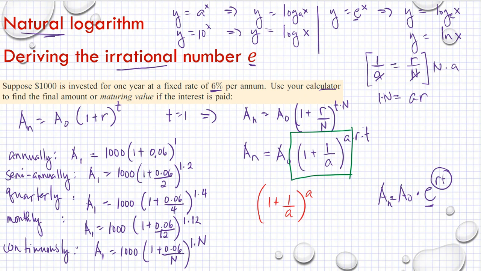Maybe I'm going to give you also the graph of y is equal to e raised to x, and y is equal to ln of x, natural logarithm of x. I will stay there. It's already almost 13 minutes. And I hope you learned something about how to derive the irrational number e.